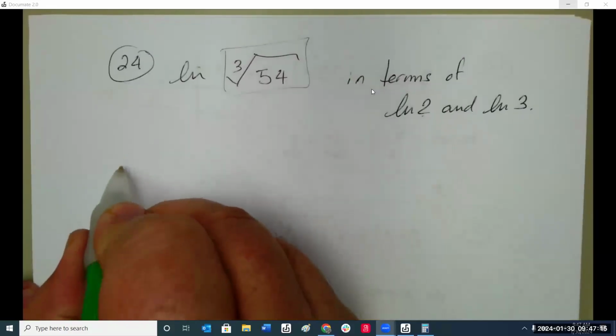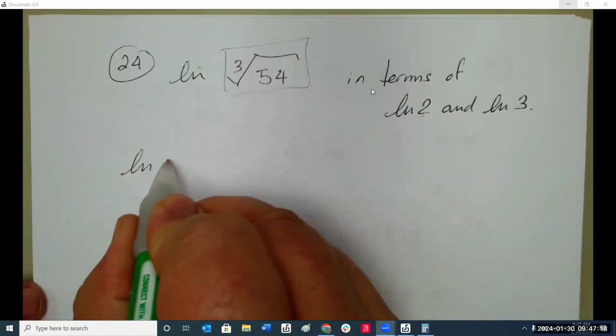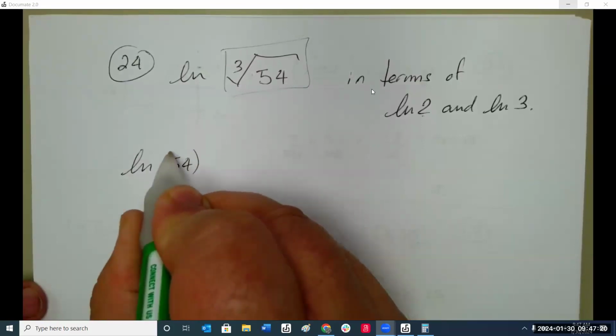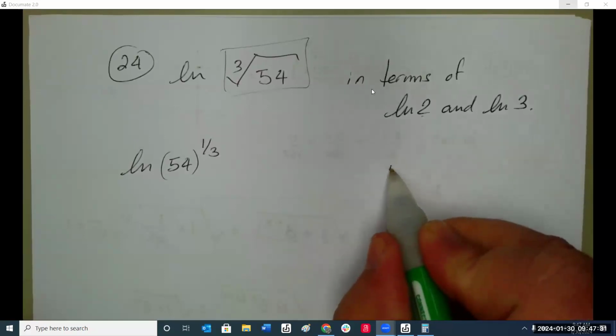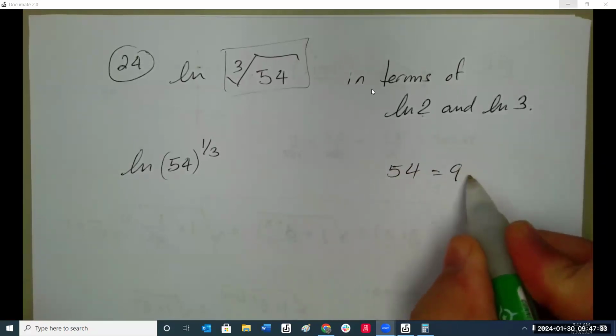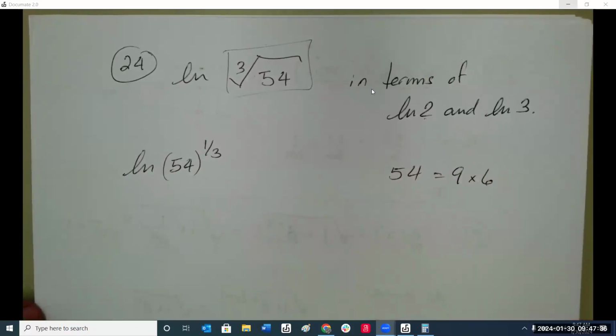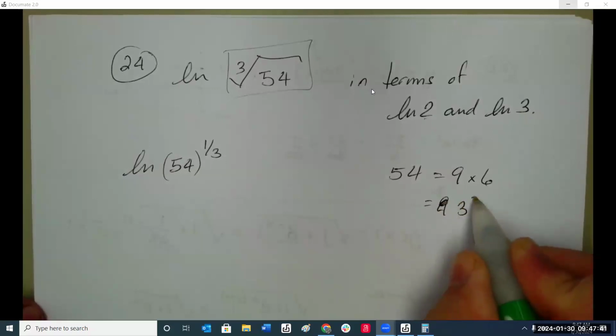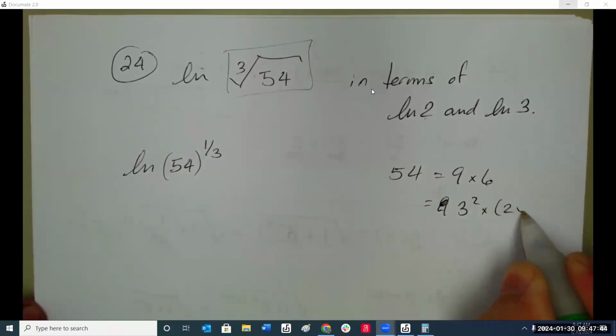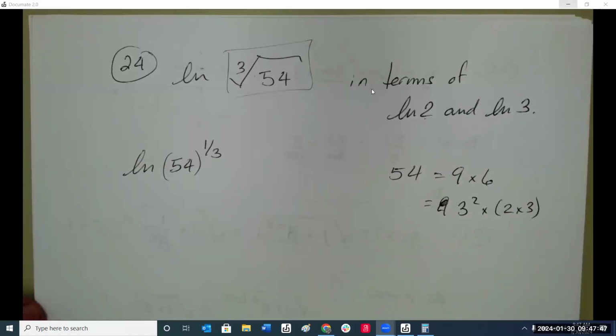So first off, we know what? 54 equals 9 times 6, yes. Because 9 is 3 squared times 2 times 3. Or you can say 3 cubed times 2.